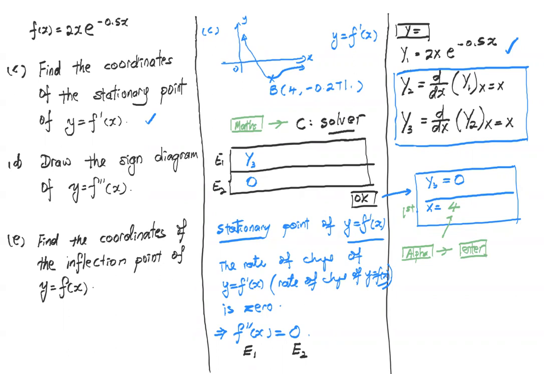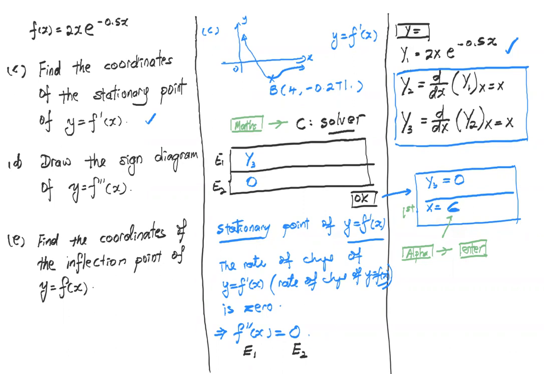Do you see under the enter, there is a green word called solve? So you are waiting for the calculator to solve for you. Oh, I shouldn't put 4. It's not a good choice for this case. Don't put 4, because you'll come back to 4 again. Why? Because the stationary point of f prime x is 4. So I put 6.